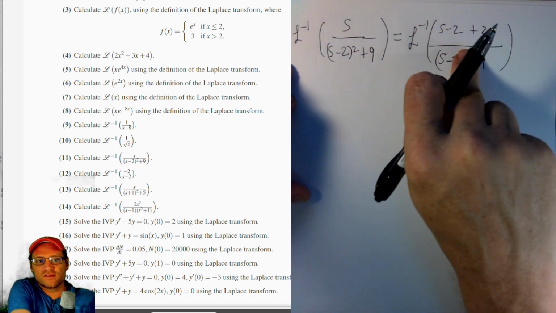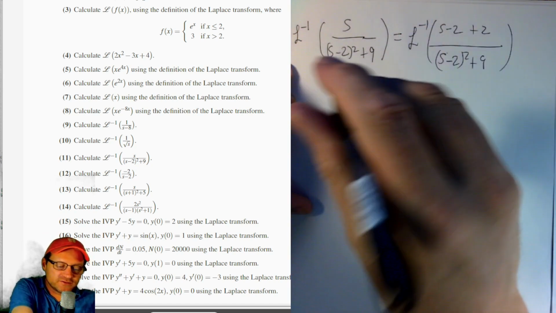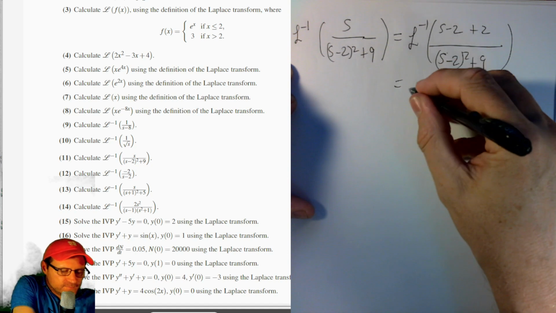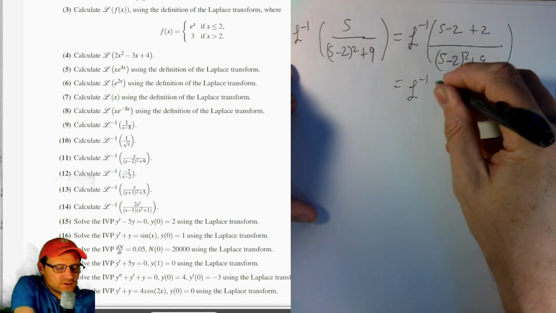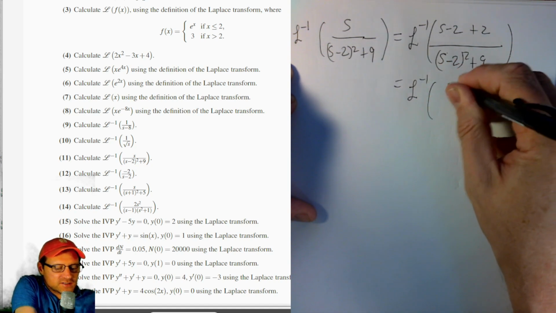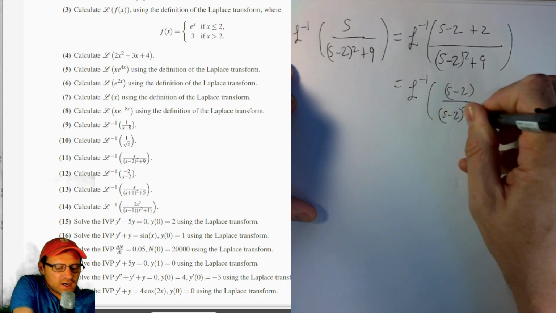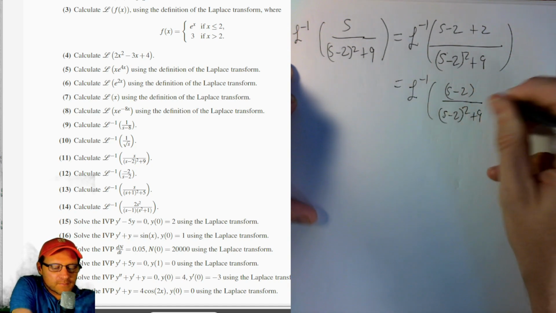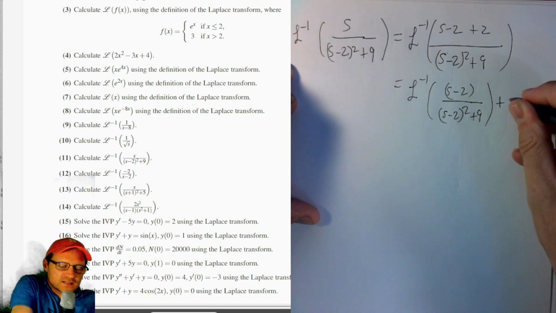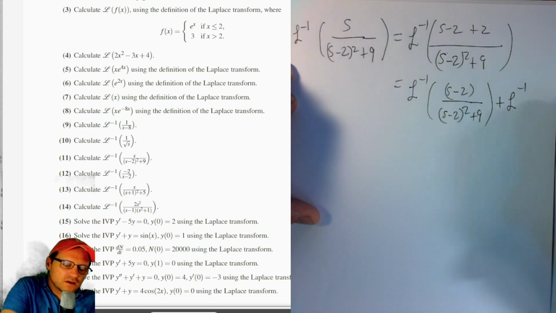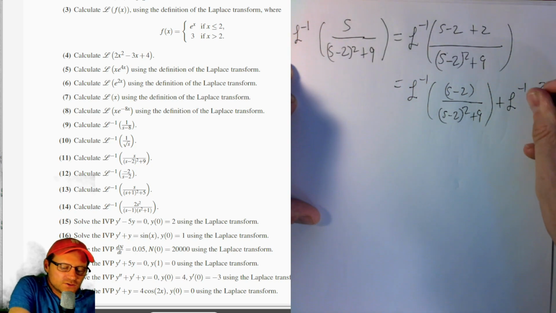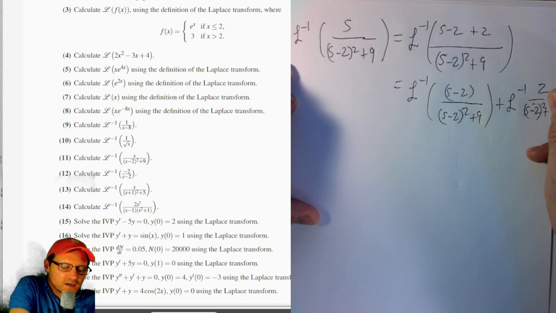And now we can break this up as a sum of two fractions. So we have Laplace inverse of s minus 2 over s minus 2 squared plus 9, and then plus Laplace inverse of 2 over s minus 2 squared plus 9.